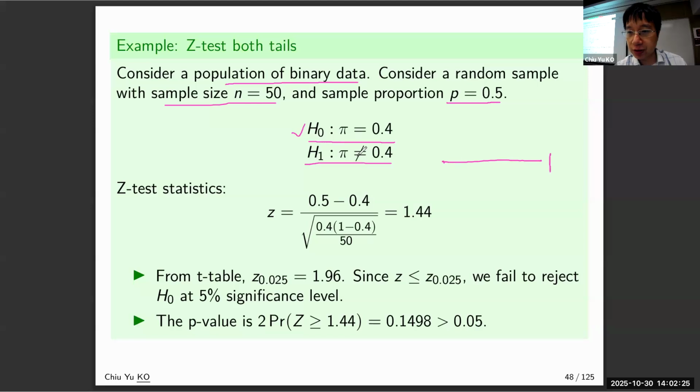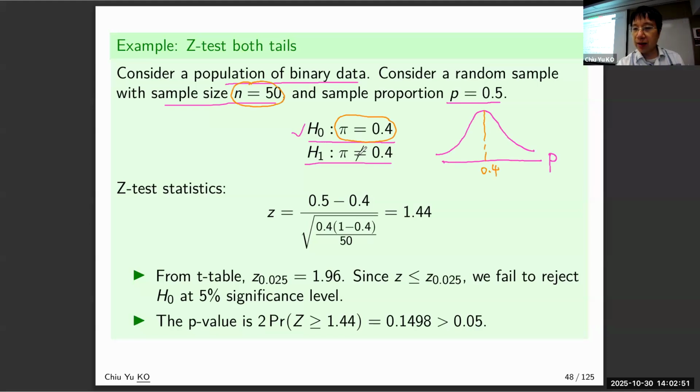So let's look at the question again. This sample proportion follows a normal distribution, because for proportion data, when n is large enough, it is always a bell shape. And it is centered, according to your hypothesis, at 0.4. Our sample size is 50.